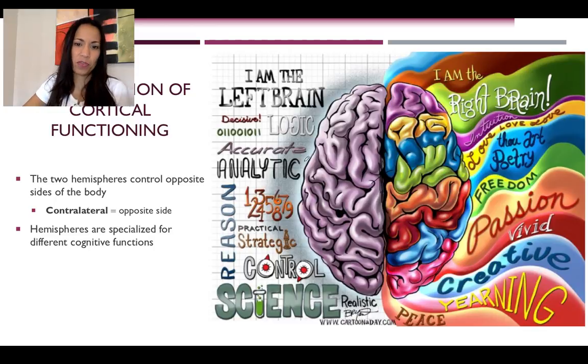Let's start with the left brain. Here is the logic brain, the one that deals with verbal expression, mathematical calculations, science, control, strategies, plans, the one that analyzes the why of everything.